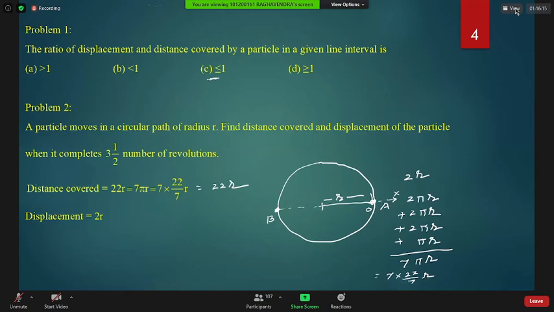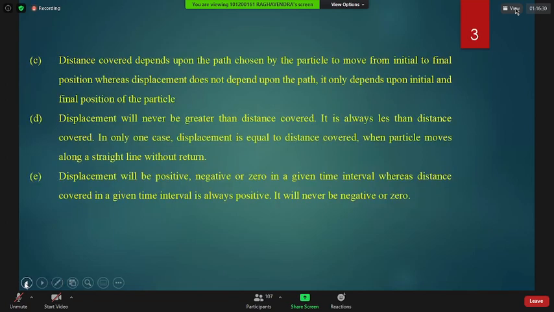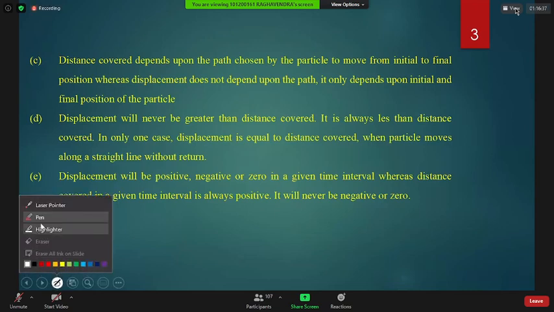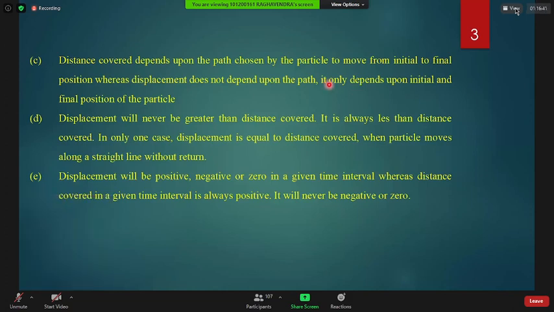Sir, how did you calculate displacement, sir? Okay, 1 minute. Go back. You have written that displacement depends only upon initial and final position of the particle.